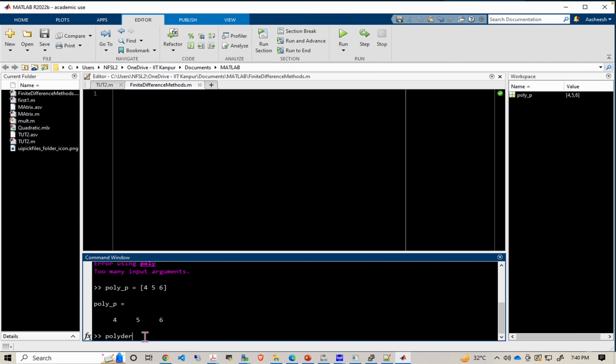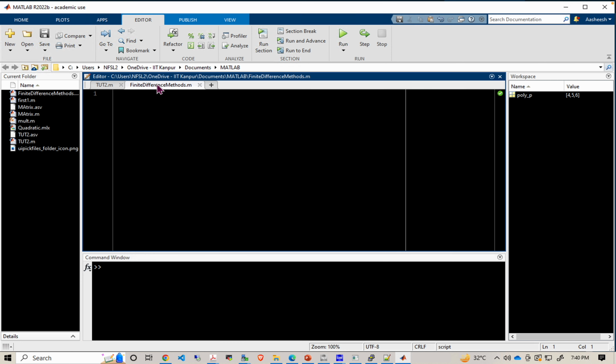Polyder is the derivative of that polynomial. And polyval. So these two basically, polyder and polyval. Polyval will give you the value of that function at that particular value. Okay. So let me explain here.